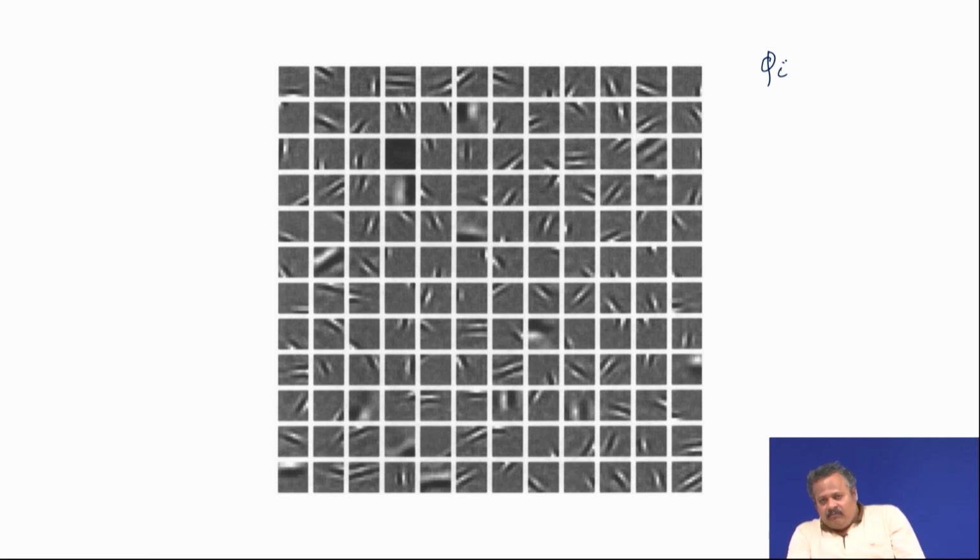And we know from measurements in the primary visual cortex, as we have discussed in the beginning, that they have a receptive field very much like what you are seeing here. That is, you have different kinds of orientations, oriented bars.